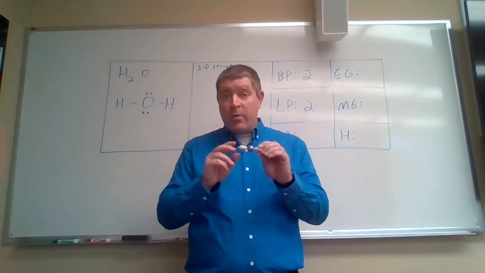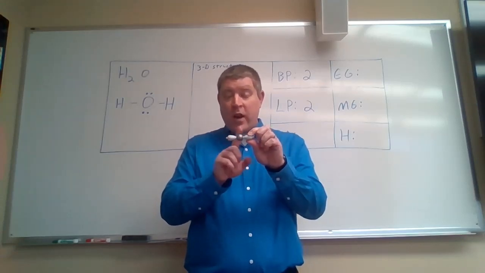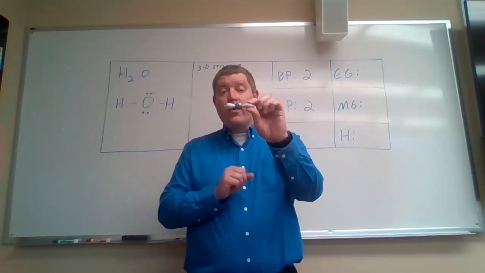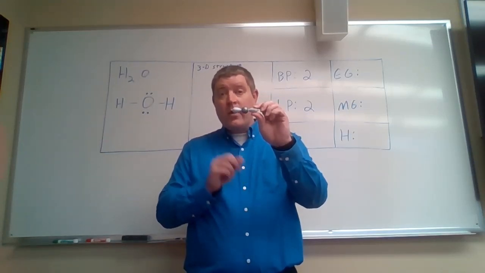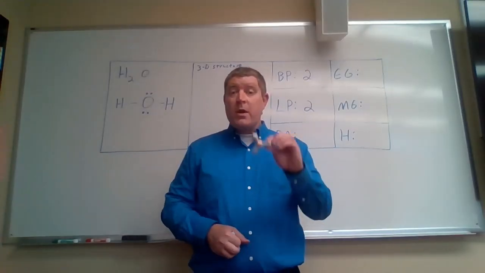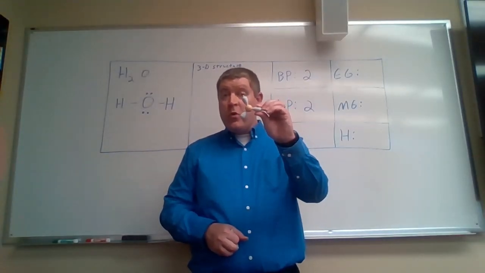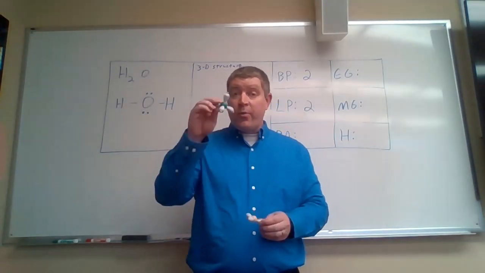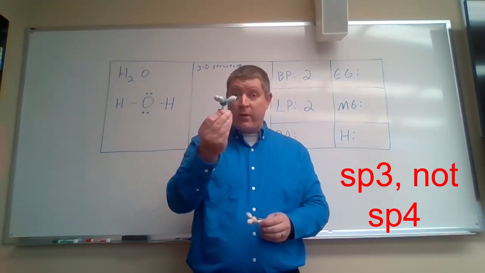And those hybrid orbitals do have this geometry where they are 180 degrees apart. So if we need 2 orbitals, we'll mix one s and one p to get sp hybridization. If we mix one s with 2 p's, we get sp3 hybridization. If we mix all 3 of the p's, we get sp4 hybridization.